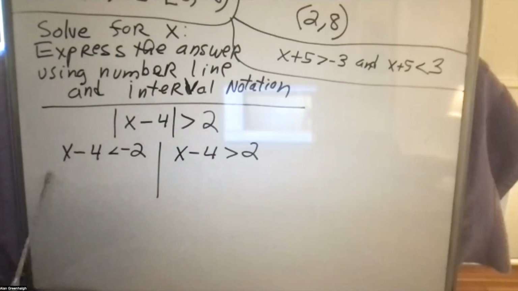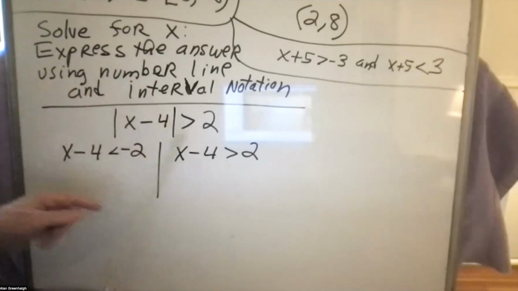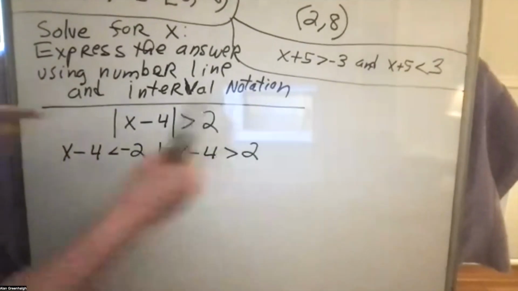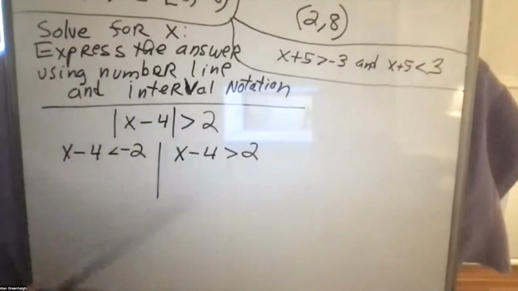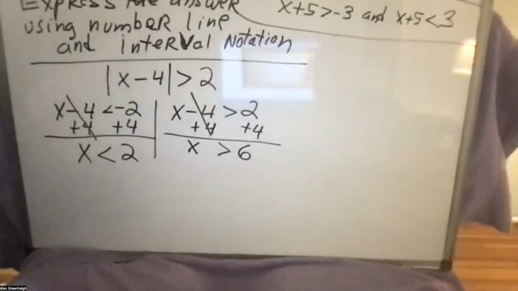Just remember that when it's greater than, they're going in opposite directions. So one of them is going to be less than, one greater than. I just solved both of those inequalities the way we're used to solving them.